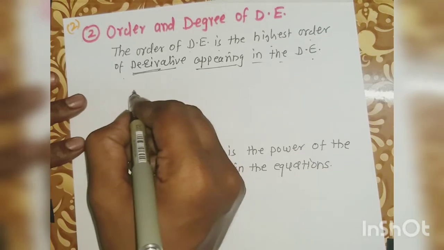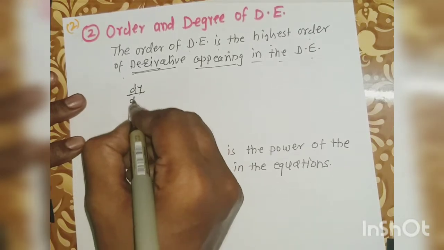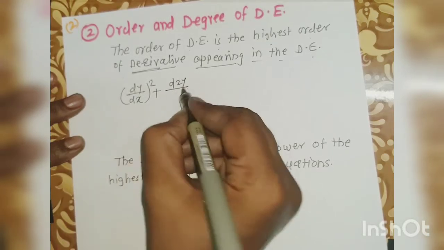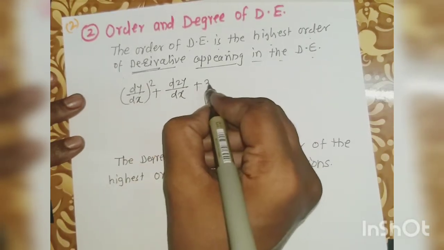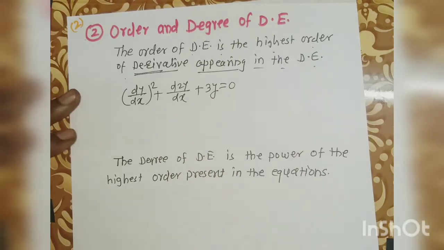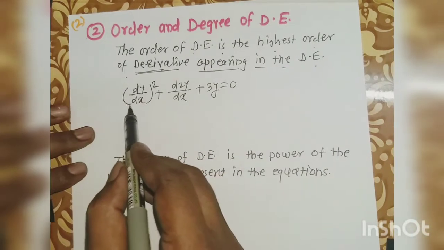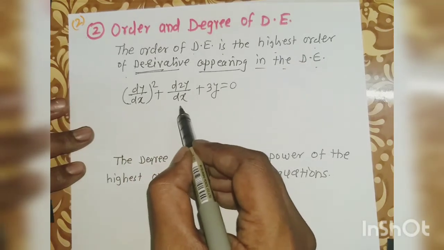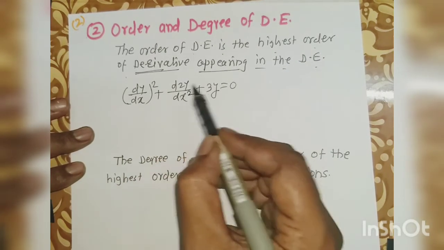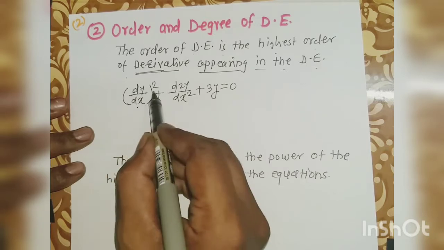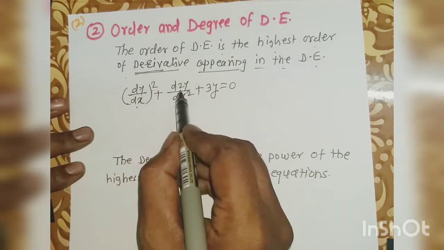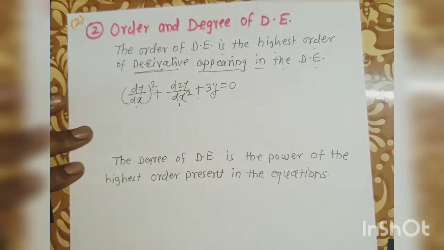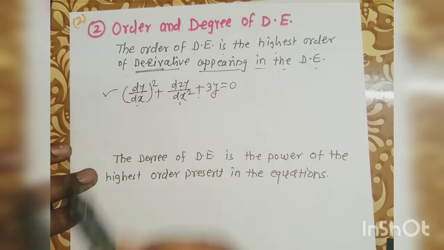We take the example (dy by dx) whole square plus d2y by dx square plus 3y is equal to 0. Now this equation is a differential equation because it consists of derivative terms: first order derivative squared plus d2y by dx square, second order derivative, plus 3y is equal to 0.